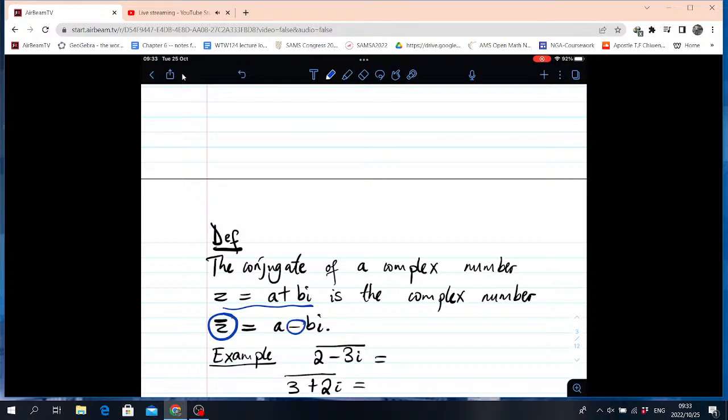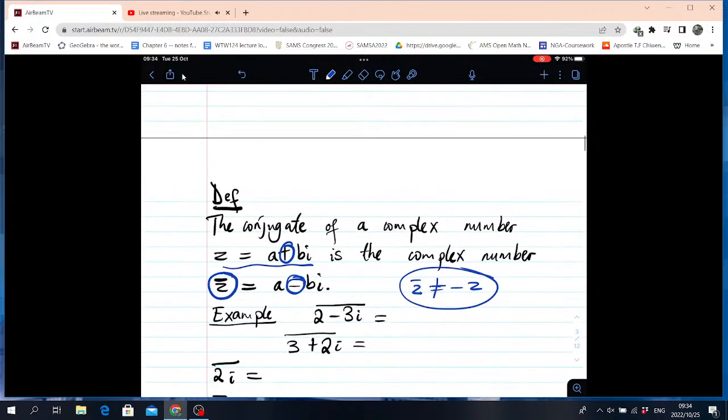So here we've got a plus, there we've got a minus. That's the only difference, right? So Z bar is not equal to minus Z. Please note that you're just changing the sign on the imaginary part of the complex number. That's where you're changing from positive to negative, or from negative to positive.